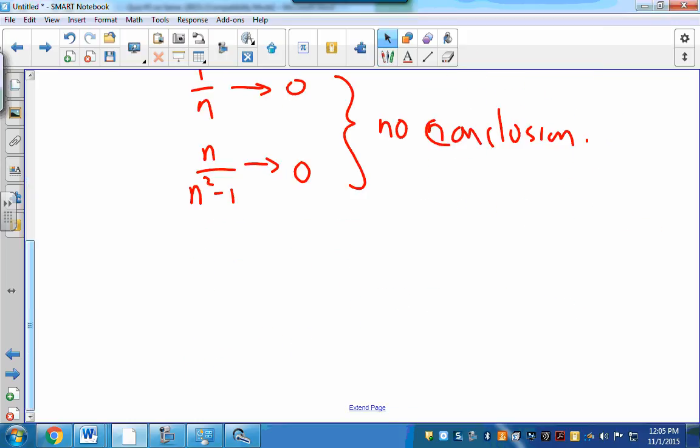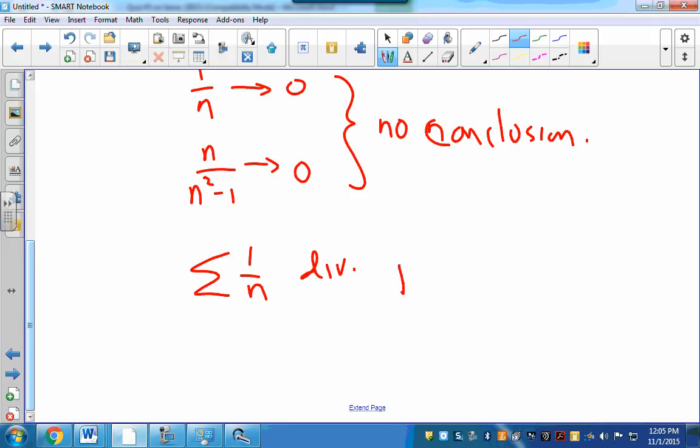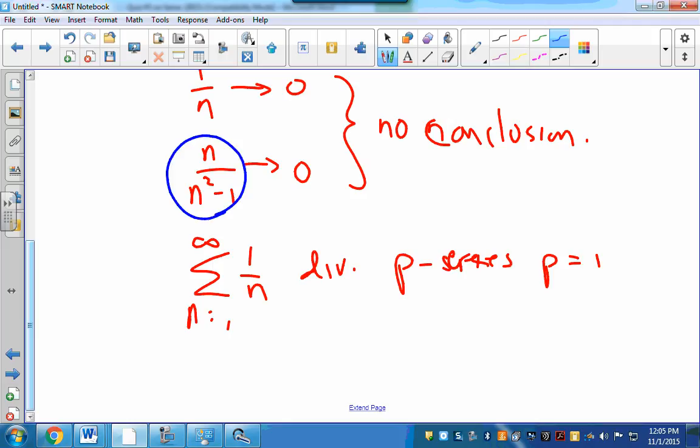But you should know something about the good old harmonic series, 1 over n. That diverges. That's a p series with p equal to 1. So divergent p series. And anything that looks like that in form would probably diverge. So if you look at this, you have n to the first, and you've got n squared.